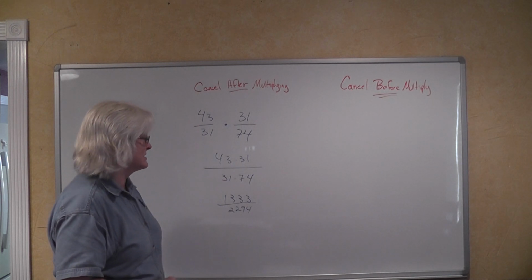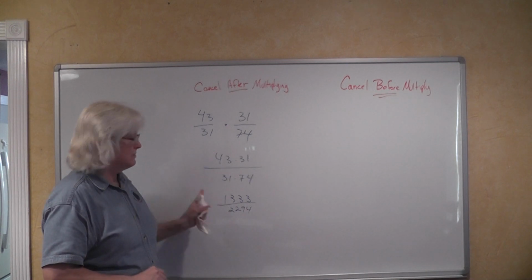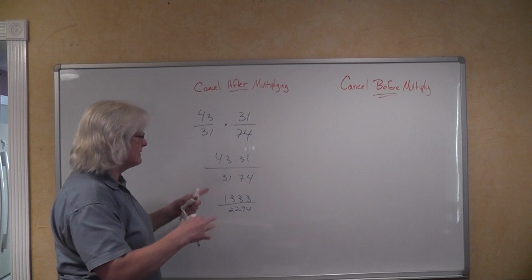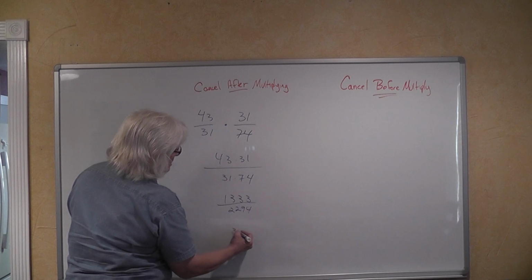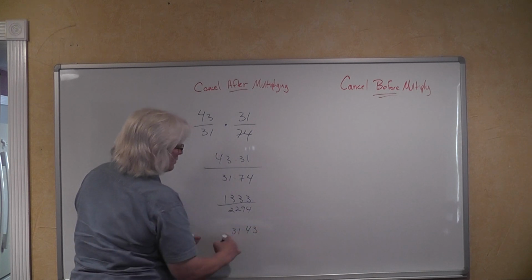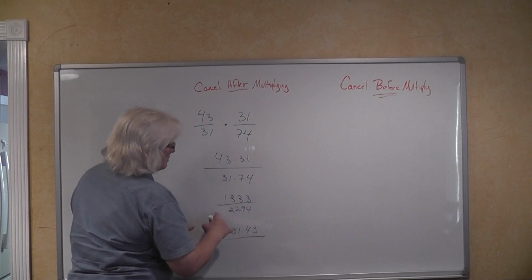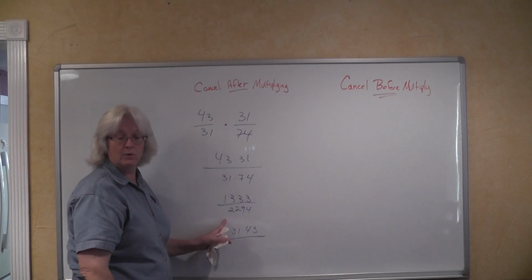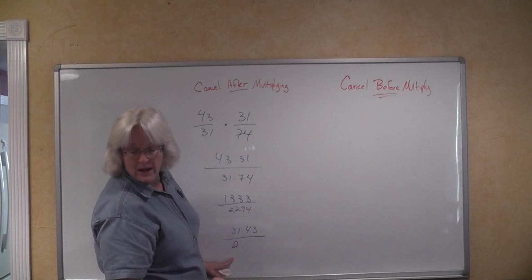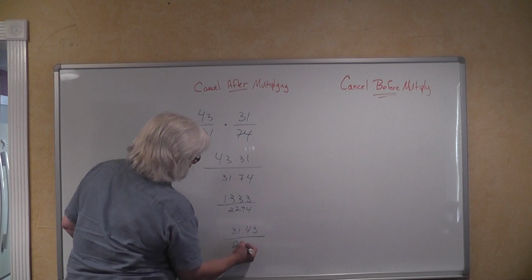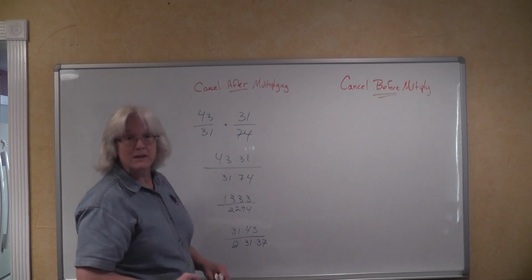Now we're thinking, you know what, there's got to be some common factor. That really can't be lowest terms. So we're going to prime factor, and we end up with 31 times 43. Both of these are prime numbers. When we factor 2,294, we know there's going to be a factor of 2 in it because it's even, and we end up with 2 times 31 times 37.